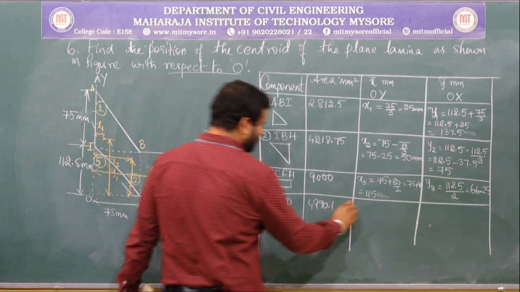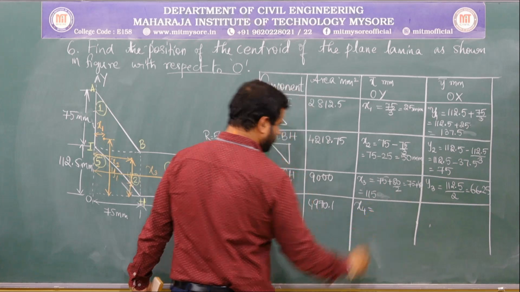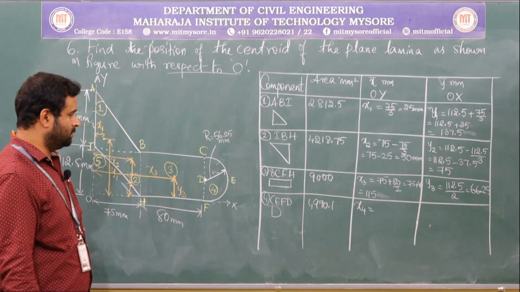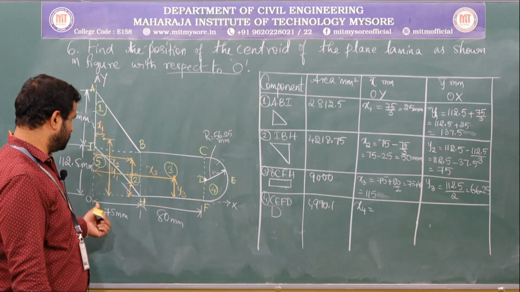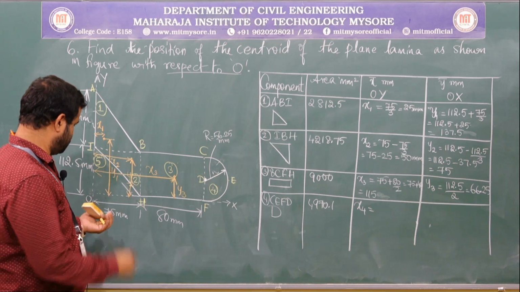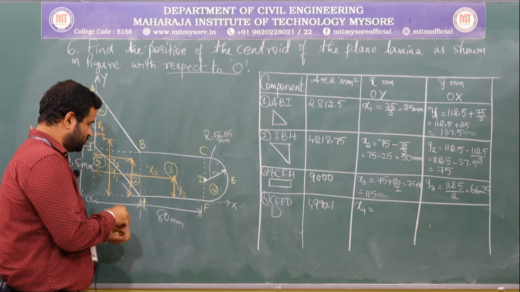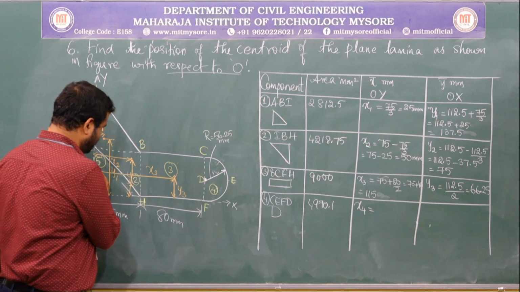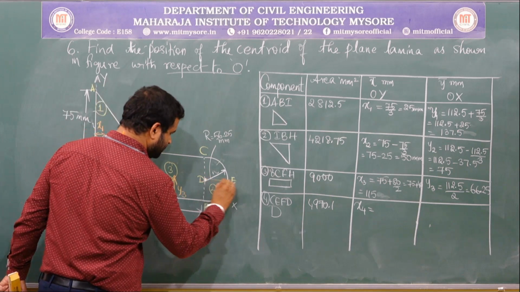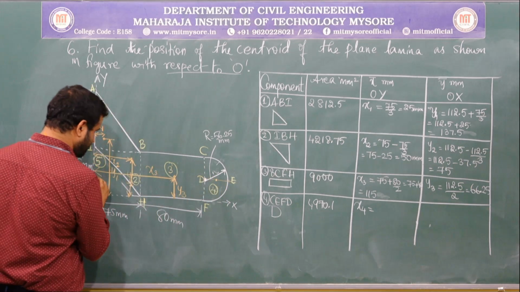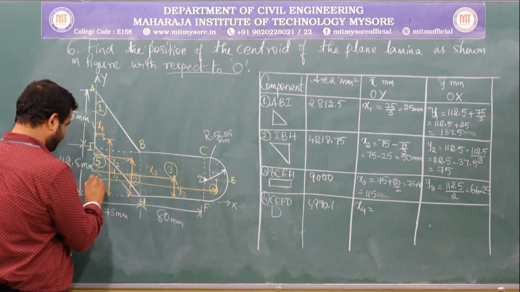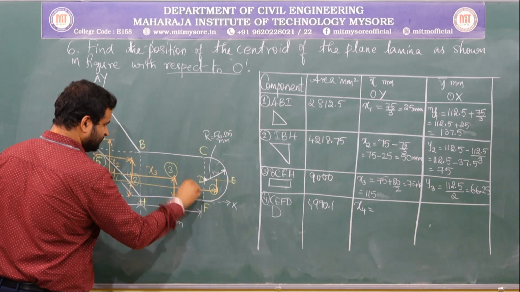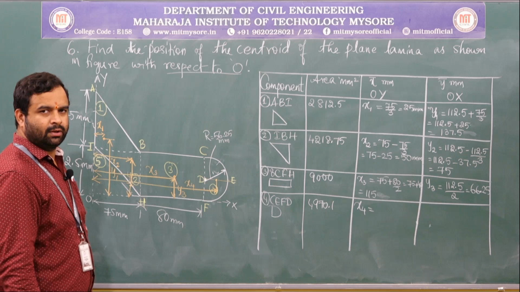What about its x component? x4, that is x4 is equal to, it should be measured from the reference axis. So, it should be along this line. So, from here to here is x4. Okay.